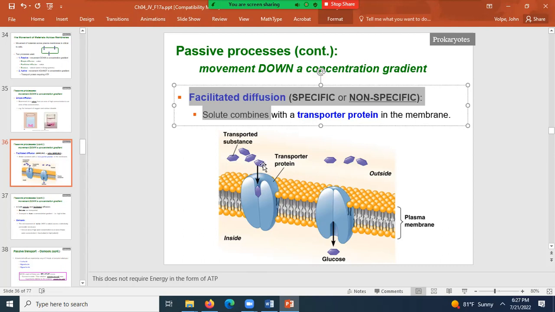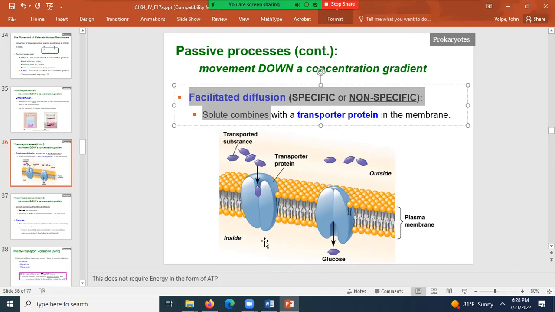And the movement of this molecule is happening without using ATP. So the molecule is moving into the cell without the cell spending any energy. And then the fructose moves into the cell. And this fructose will move into the cell until the fructose inside the cell equals the concentration of the fructose outside the cell.